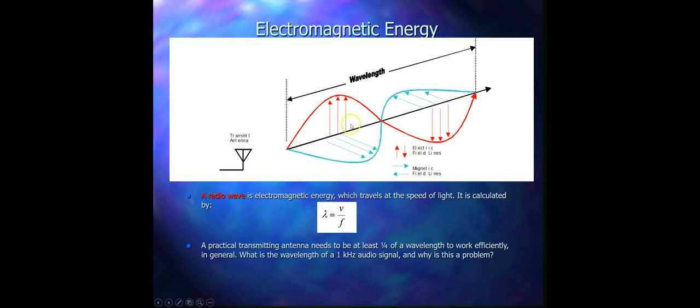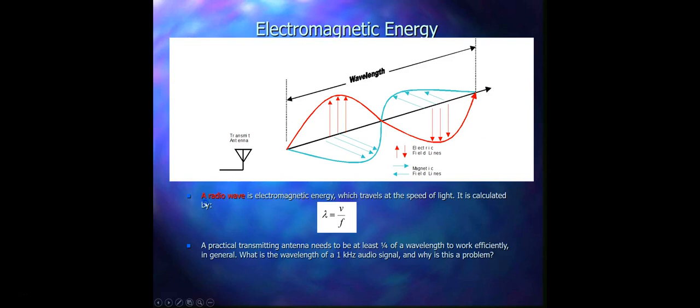The electric field lines are vertical, up and down, as you can see from their orientation, whereas the magnetic field lines are horizontal. You know how this wave is built up: when in a transmitter electrical energy converts into electromagnetic energy, that electromagnetic wave moves away from the antenna at the speed of light, and it is shown here for one cycle.